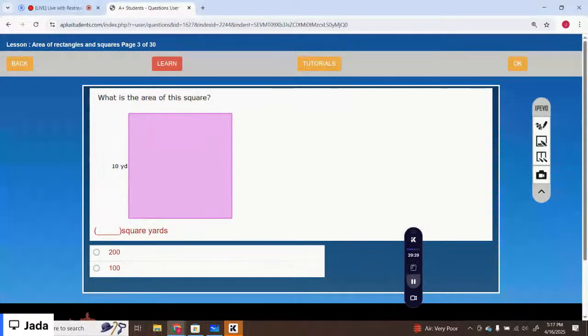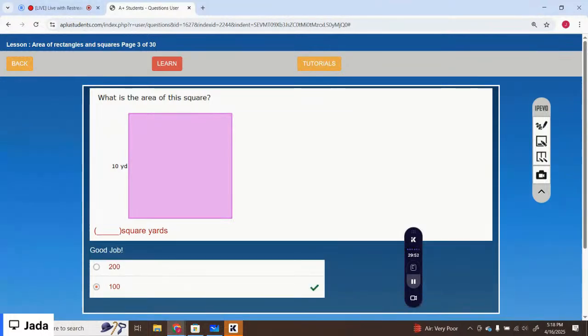What is the area of the square? That is 10 times 10. Option number 2 is the correct option. 100 it is.